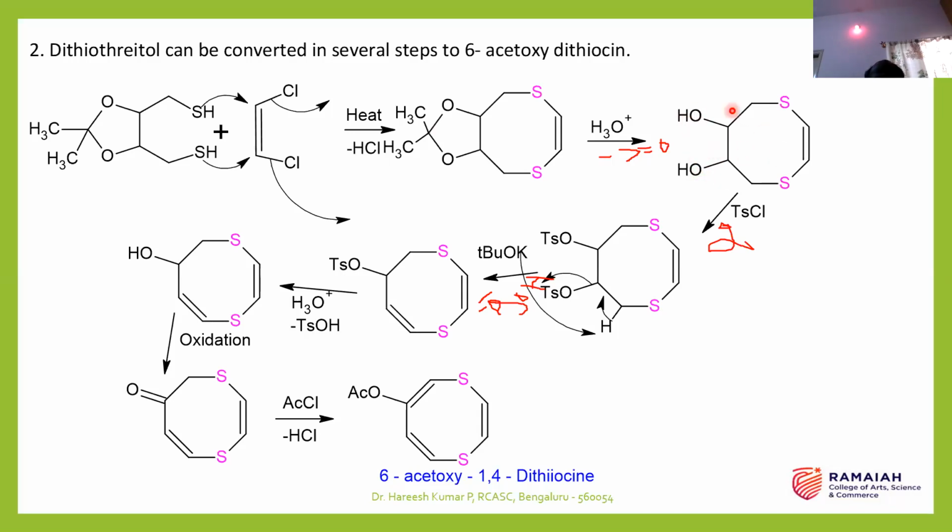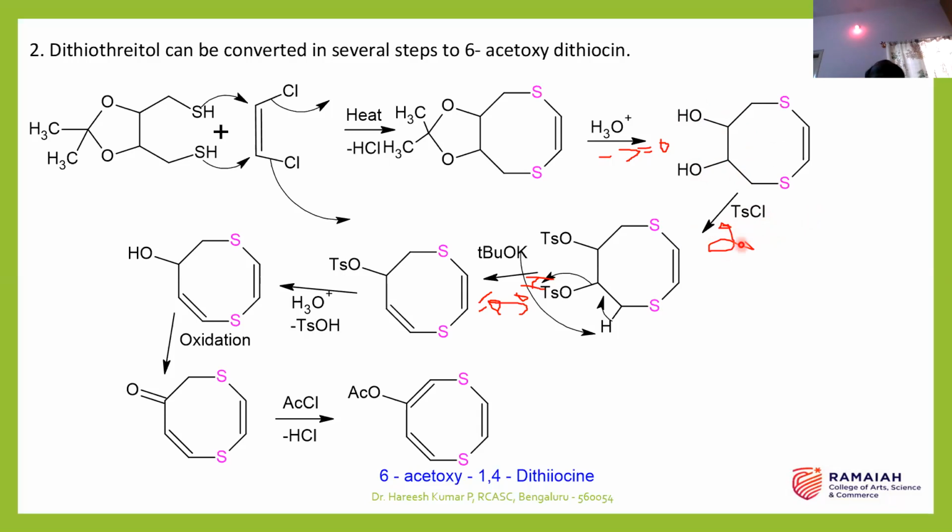This diol is again protected. This is also a protecting group. The name of this compound is a tosyl group. Tosyl group means para-toluenesulfonyl chloride. TsCl means para-toluenesulfonyl chloride. What will happen?